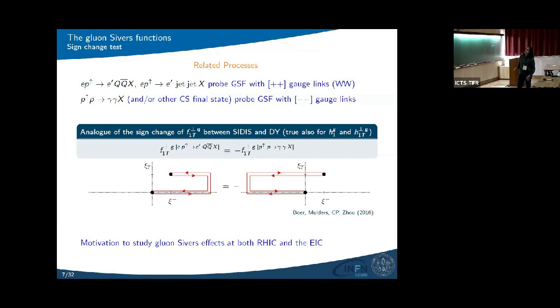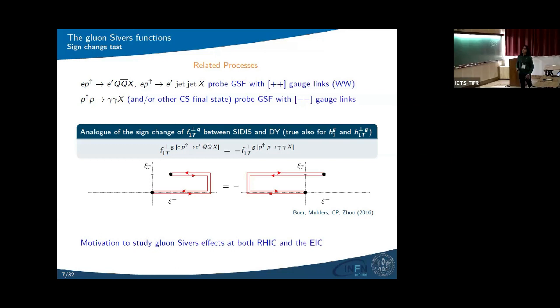This has been suggested, for example, by Qiu and collaborators to look at gamma-gamma production to extract gluon TMDs. And these have minus-minus gauge links. And this distribution is a Weizsäcker-Williams and should be the same as the one that we can measure at the EIC by looking at these other two processes. This is true for T-even distributions, like the unpolarized.